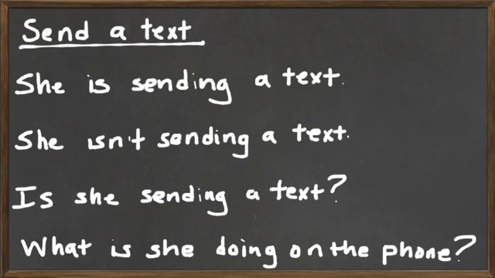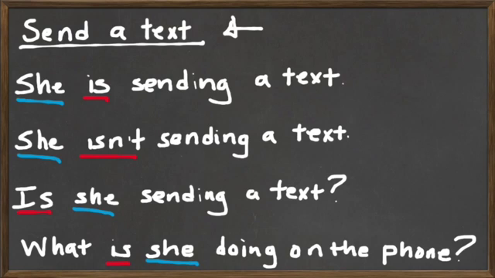We have the example, send a text, right? Let's see, we have a subject, yes we do, she. Okay, and do we have an auxiliary? We do. The auxiliary will always be the verb to be, so we have is, isn't, is. If it were we, you, or they, it would be are.